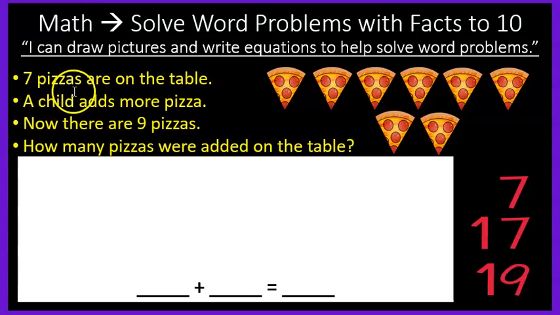A child adds more pizza. Let's read the next line. Now, there are 9 pizzas. Let's read the last one, the question. Here we go. How many pizzas were added on the table?